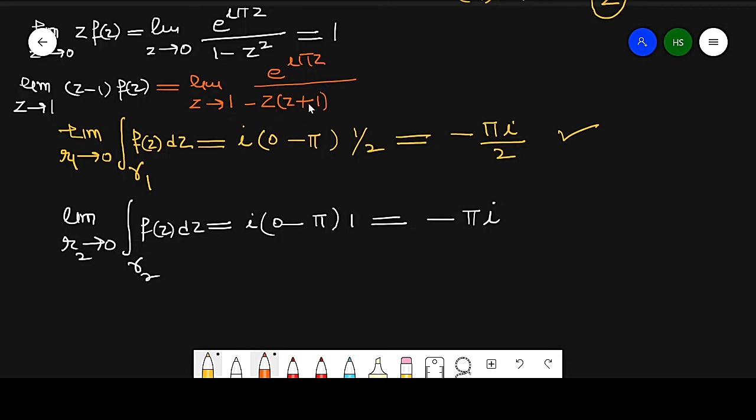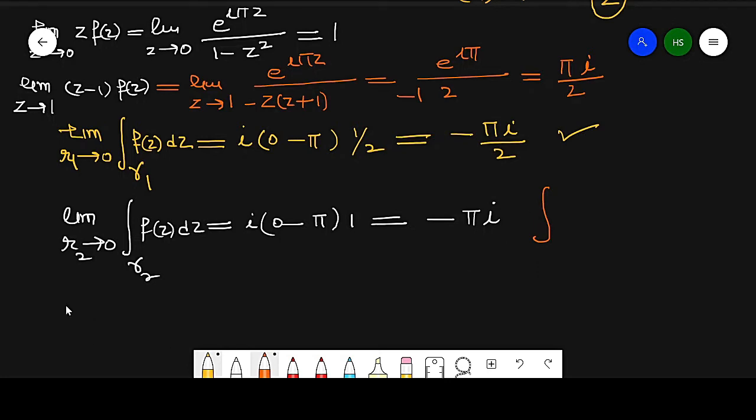Now substitute its value. This value will become e raised to the power iota pi times 1, so its value is minus 1. Here minus 1 into 1 into 2. So what is its value? This is pi iota by 2, e raised to the power iota pi when z approaches this value. So this is pi iota by 2, and then the integration of the third part.